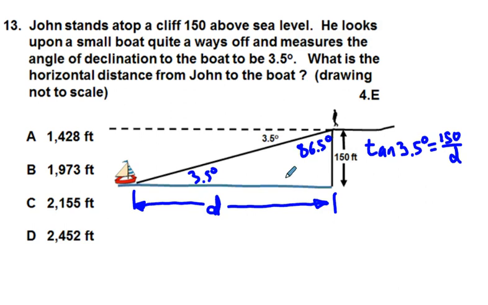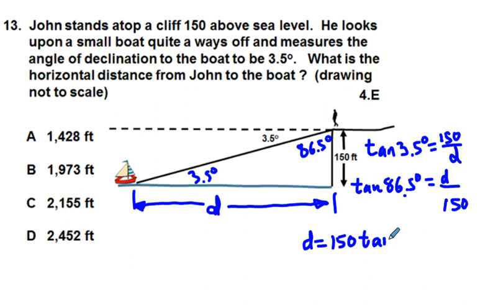And this is where cotangent comes from, because it's the tangent of its complementary angle. So the tangent of its complement, 86.5 degrees, is equal to D over 150. So we can write D equals 150 tangent 86.5 degrees.